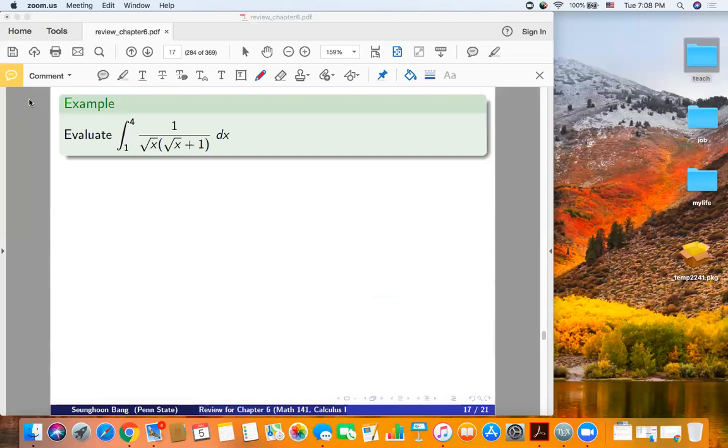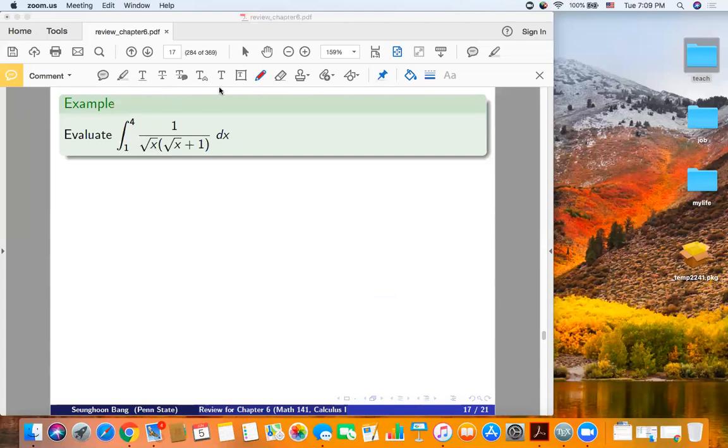Only an algebraic function times an algebraic function, so usually we don't use integration by parts. When do you use integration by parts? Only for a product of an algebraic function and a transcendental function, for example x squared times ln x. Or a transcendental function times a transcendental function, for example ln of x times sine of x.